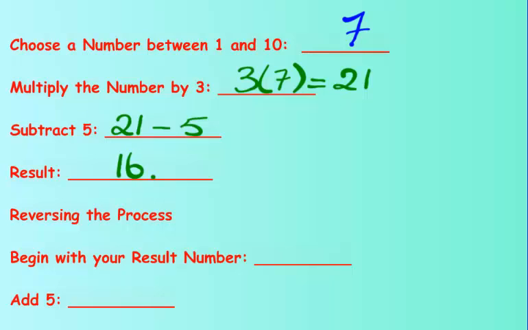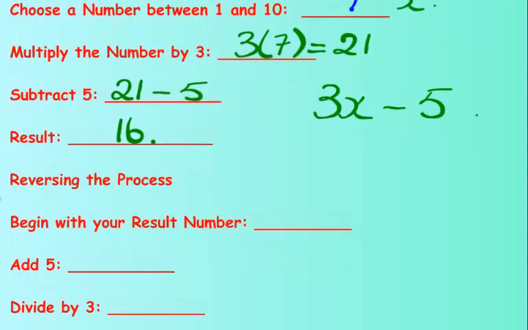Now we did 2 different steps there, or 2 different operations. If the number had been called x, we did 3 times the number x first, and then we subtracted 5, didn't we?